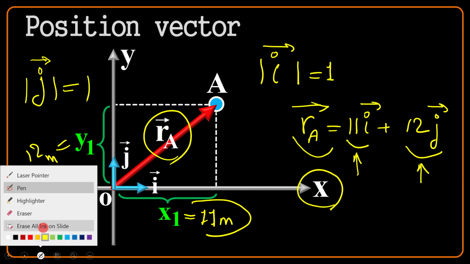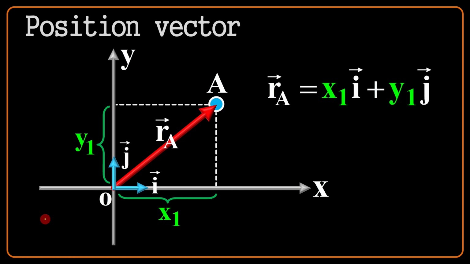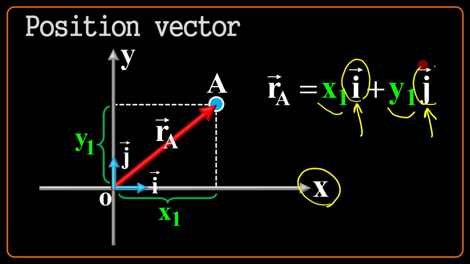So in general, I can write r is equal to x1 i plus y1 j. i and j are unit vectors with the magnitude of 1, but they are vectors. i is defined in the positive direction of x, j is defined in the positive direction of y.